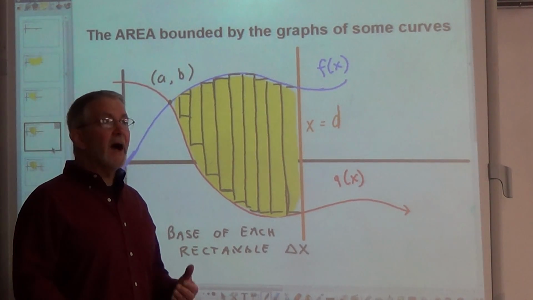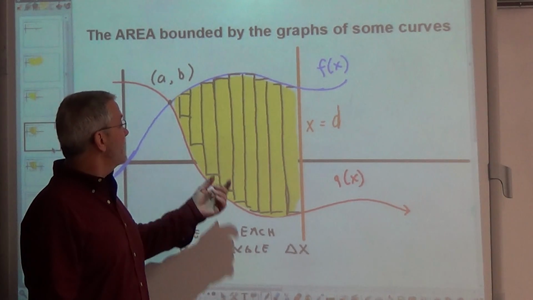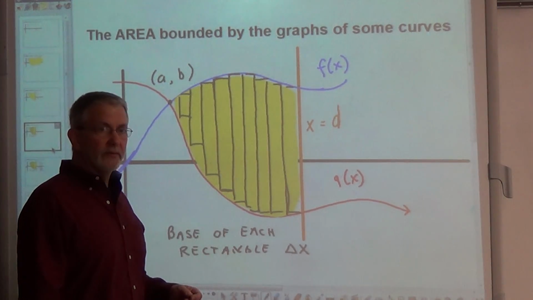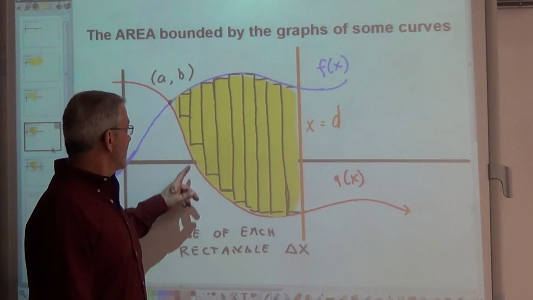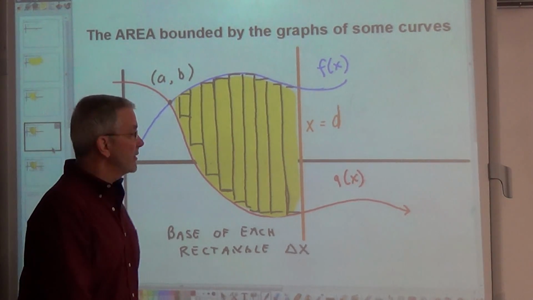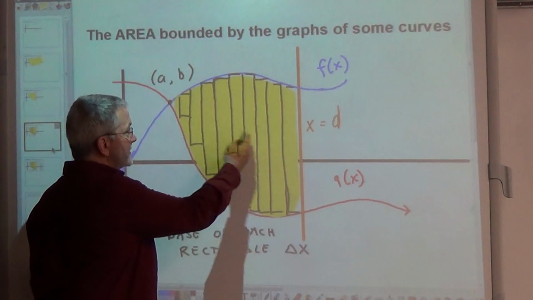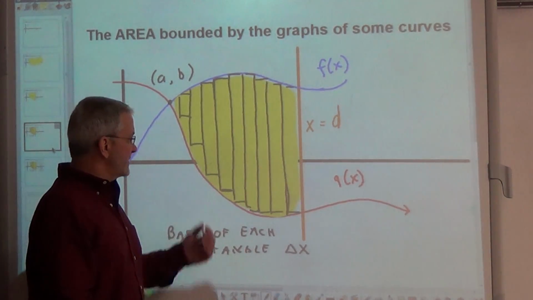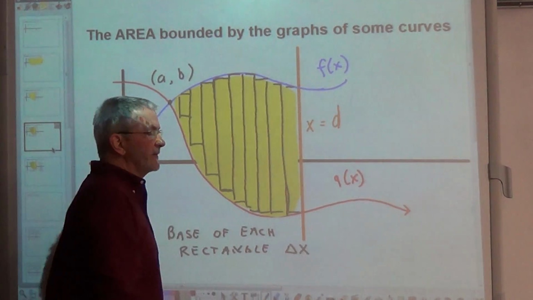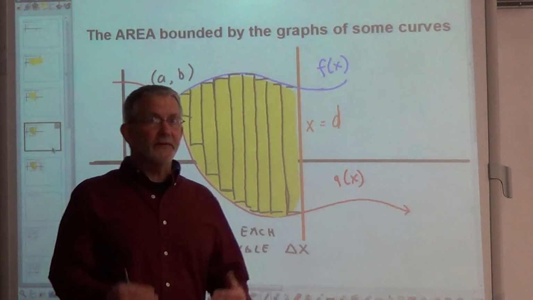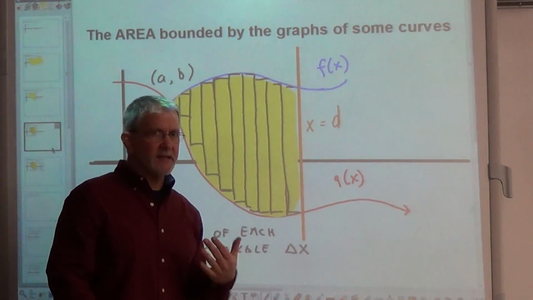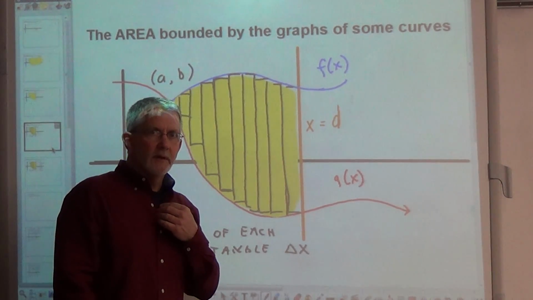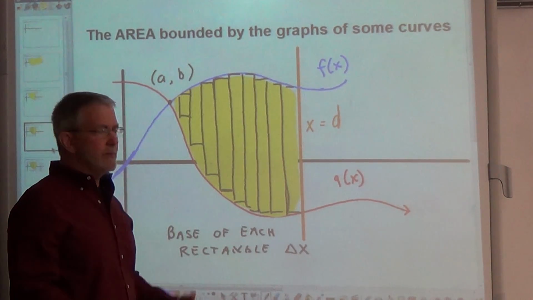When we were defining the definite integral, we began looking at rectangles where each rectangle had equal bases. And it's the same process here. We're going to create several rectangles, and each rectangle is going to have the same base of delta x. The only difference here is the bases are not lying on the x-axis as they were before. But other than that, it's the same principle.